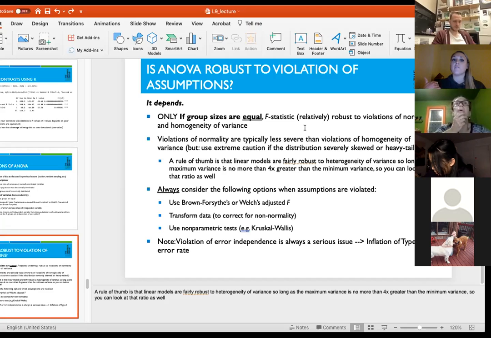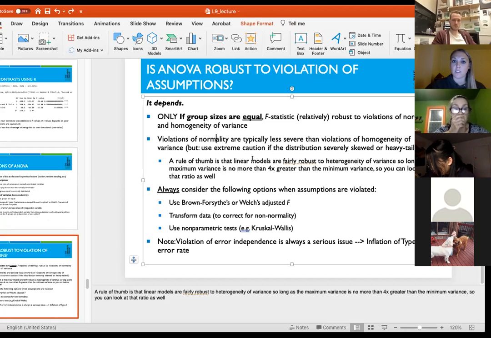But if you have vastly different group sizes, so if you have one group that has 10 subjects and another group that has 30, 40 subjects, and you violated these assumptions, now you've got bigger problems because correcting for this is much more difficult.